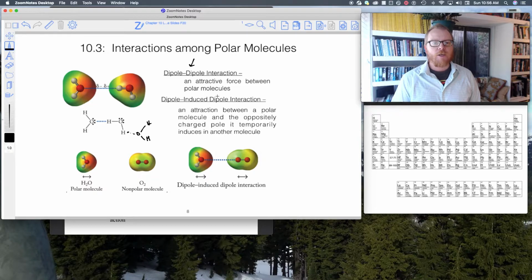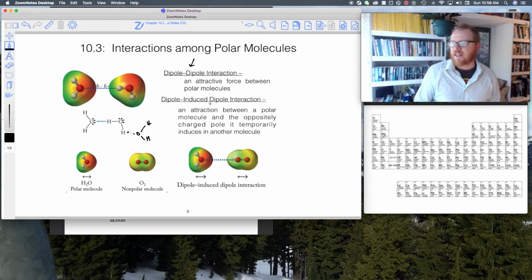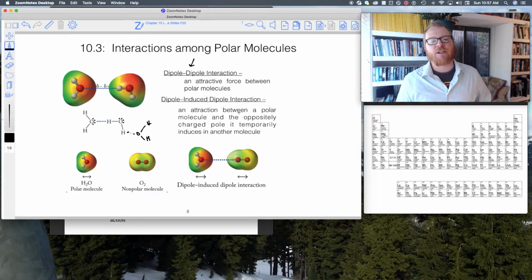Okay. So we have another type of interaction, the dipole-induced dipole interaction, and it is exactly what you might think it is. It's an attraction between a polar molecule and the oppositely charged pole it temporarily induces in another molecule. So for example, if we look at water and oxygen, as it turns out, they interact quite strongly, okay?